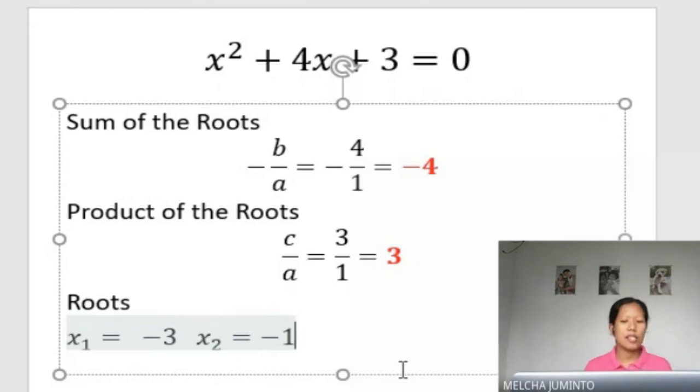The answer is yes. It doesn't matter which is x of 1 and which is x of 2. What is important is you're able to identify these two numbers, negative 3 and negative 1. X of 1 and x of 2 are just simply names showing that there are two roots. We're solving for two roots, and those are negative 3 and negative 1.